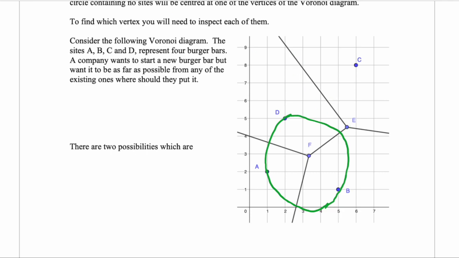Then we can go through E, and that is D, C, and B, so you can draw a circle through here. This is not a very accurate circle, but it's obviously larger, which is the point.